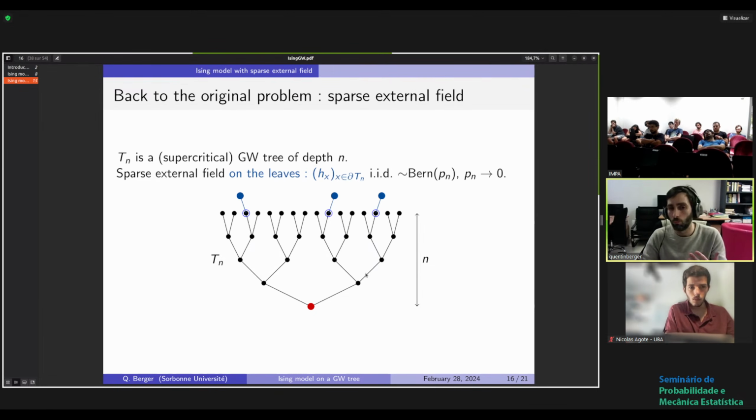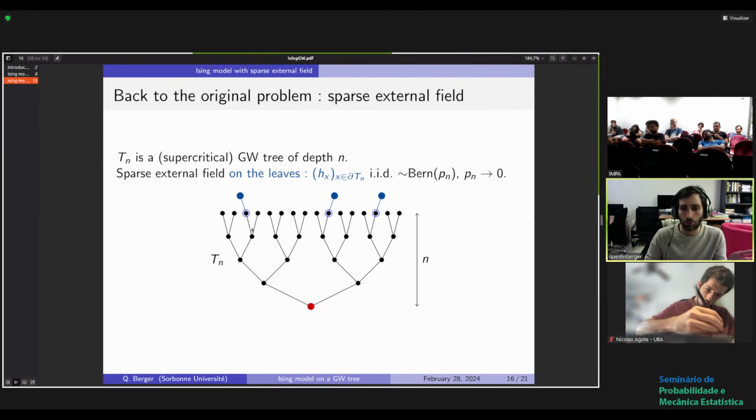Anyway, there is more or less the same proportion of pluses on the leaves and inside the tree, so I remove the ones inside the tree. And so what you have here is a problem analogous to the one before. You want to put plus boundary condition, but not everywhere on the leaves, only on IID Bernoulli variables on the leaves.